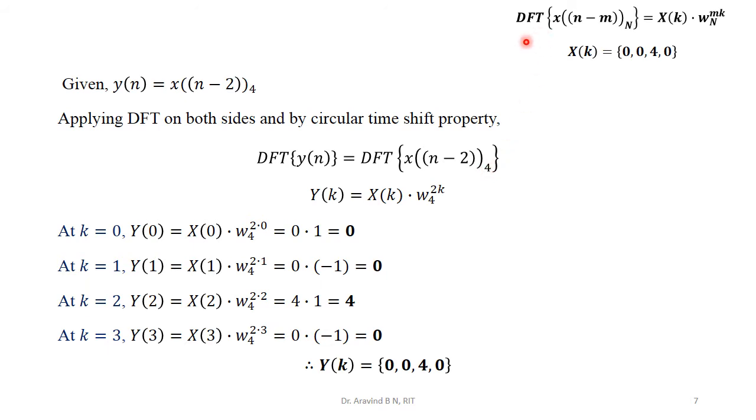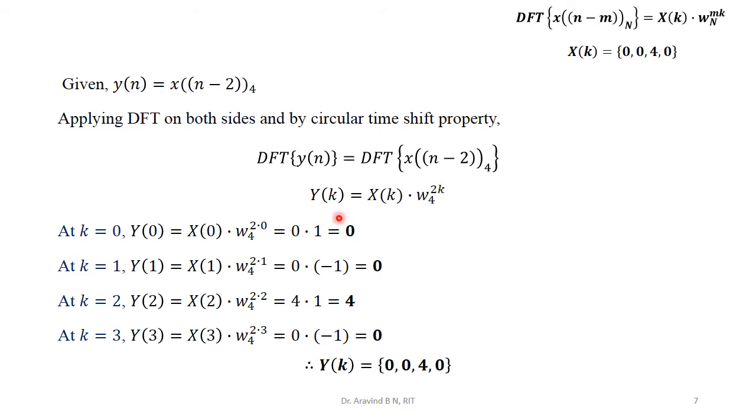Now instead of this DFT of so and so, we can simply replace that by X of k into the twiddle factor. That's what has been done over here. By applying the circular time shift property, we have converted that to X of k into omega_4, in place of m we have substituted 2, multiplied with k. So we have got the expression for y of k.